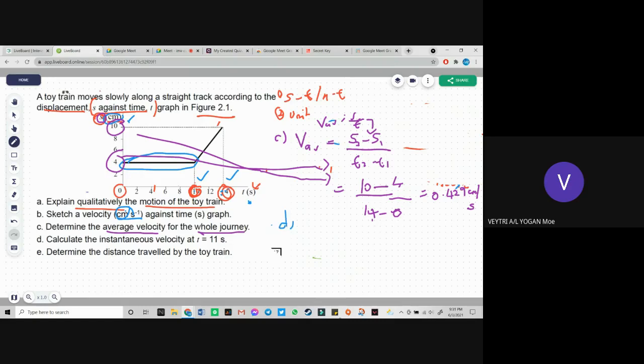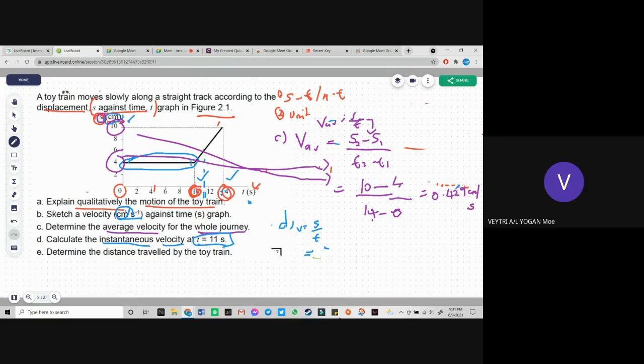D is calculate the instantaneous velocity at t equals to 11 second. Okay, now, kan tadi we dah bincang instantaneous, at an instant, at a specific time or location. Dia dah bagi dah specific time. Jadi, formula masih sama. S over T, v equals to s over t. Apa yang beza? Sini, you have to know. Tiada 11 dekat sini.